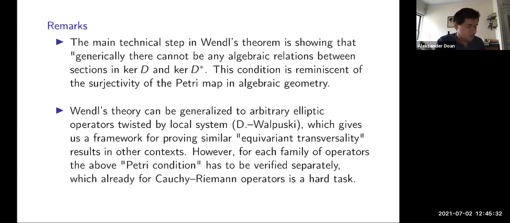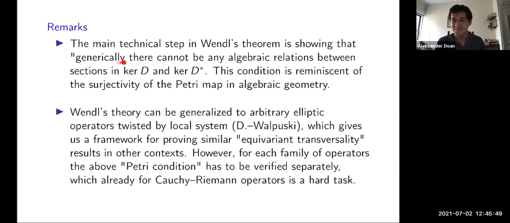And you can see why that would be difficult, because in the end, in these equivariant transversality results, we want to say that something doesn't happen generically, right? And then I said, well, the main part of proving that is showing that something else doesn't happen generically. So it seems like we're translating one problem of transversality to another problem of transversality.